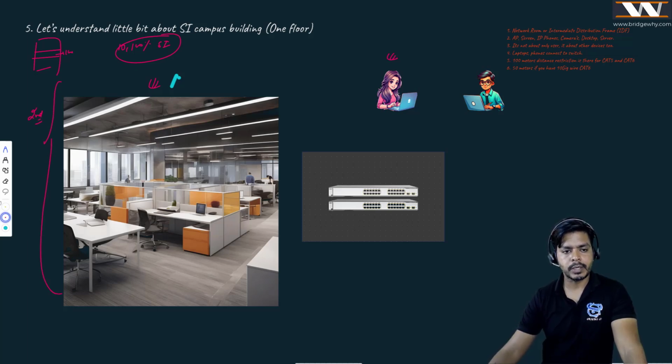We have lots and lots of cubes here. Laptops are here. IP phones are here. Although I am not able to see an access point, presume that we have access points also. In the office, you see some rooms for some big guys, right? Big guys sit in the rooms. So all the 100 people are on this floor.